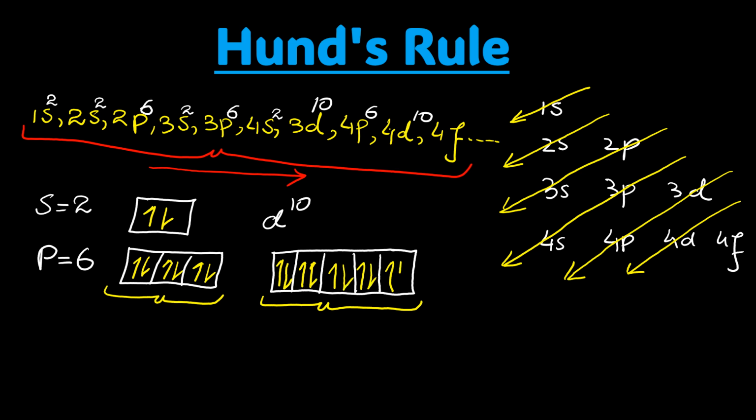So in this way, the orbitals of the d subshell are filled. In case of the f subshell, the maximum number of electrons it can accommodate is 14.